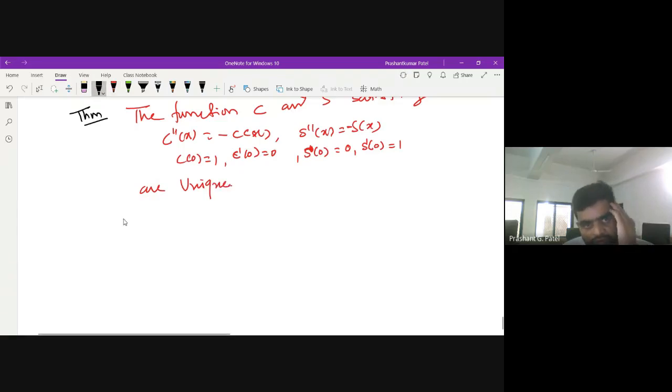So if there are functions defined like this, then they are unique functions.